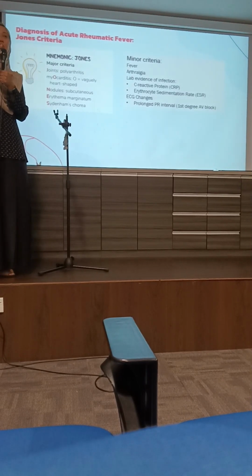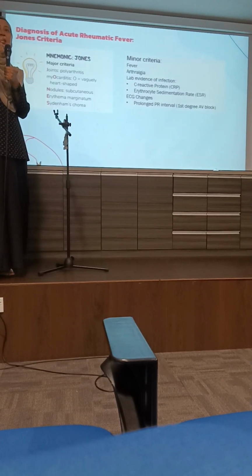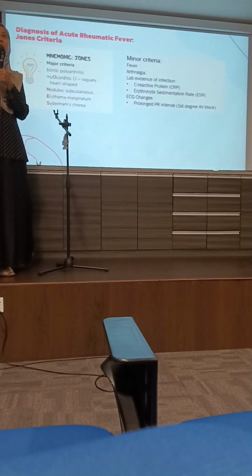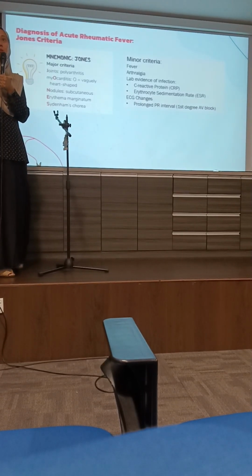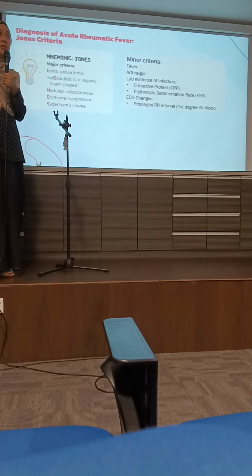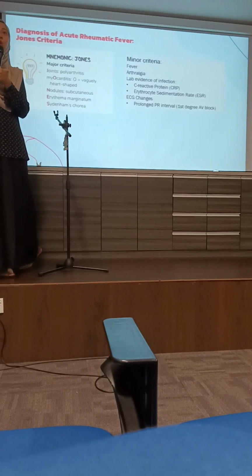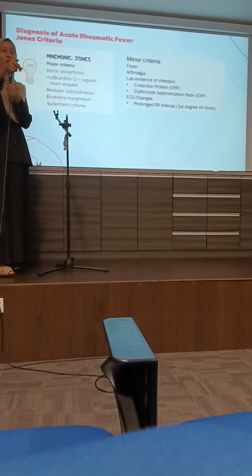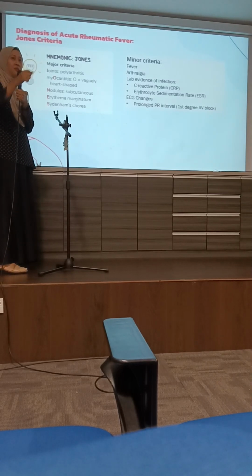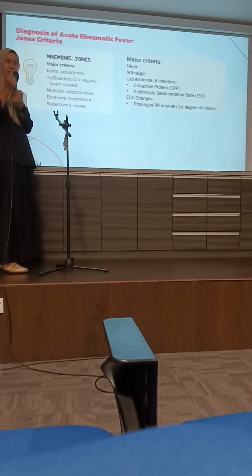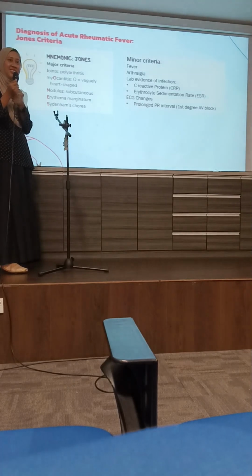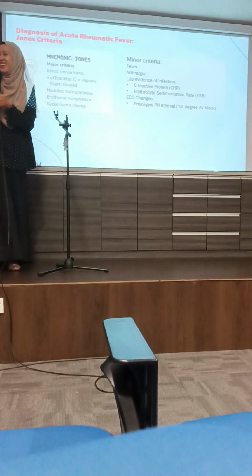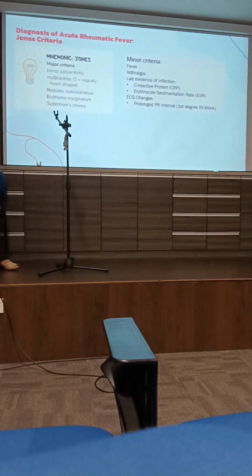So ESR is basically when you spin the tube, and your cells will settle because they're heavy, so they sediment, right? So if there's a lot of acute phase reactants, it sediments slower, so it prolongs your ESR. You with me? You look confused. Did I say that wrong? It's okay, if I'm wrong, you can correct me.